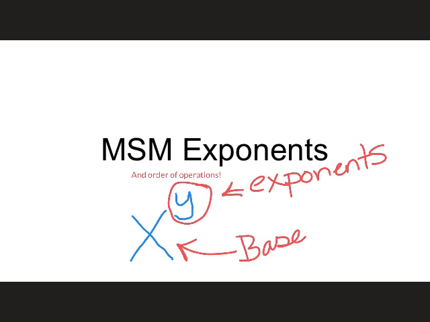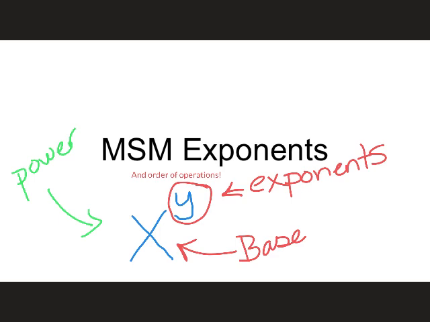And then the whole thing is sometimes called a power. But we also kind of use power to refer to the exponent part as well. But that's just another term you'll sometimes hear in there.